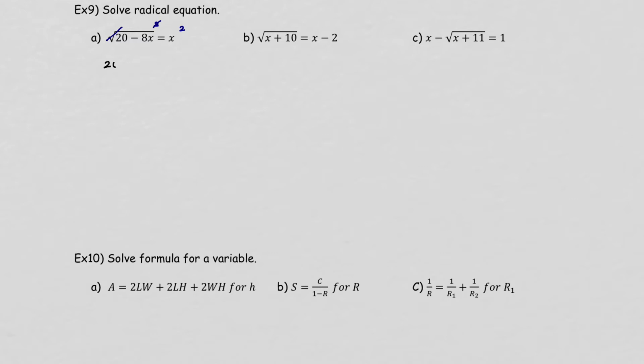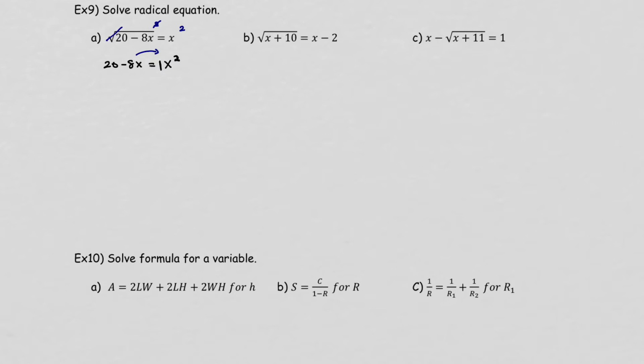We have 20 minus 8x equals 2x squared. Without the square roots, this is going to be a quadratic again, highest exponent being square, right? So we want to make it standard form equal to 0 and make the leading coefficient positive 1.